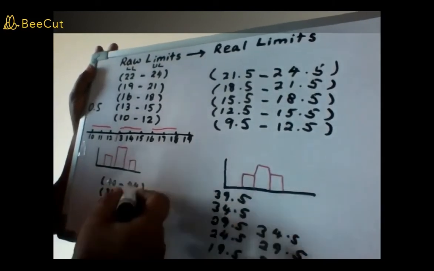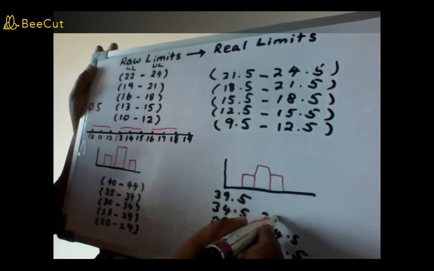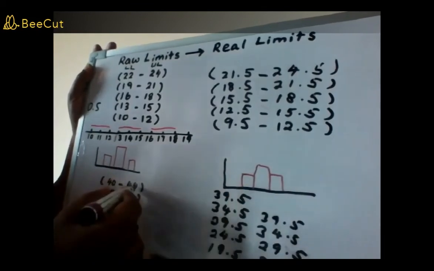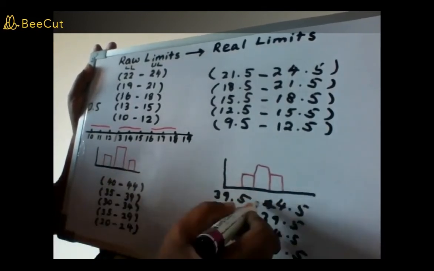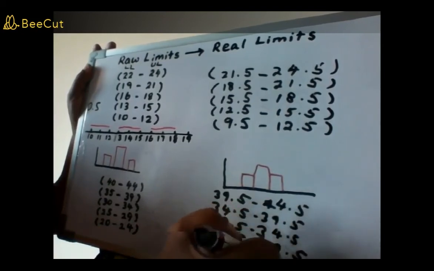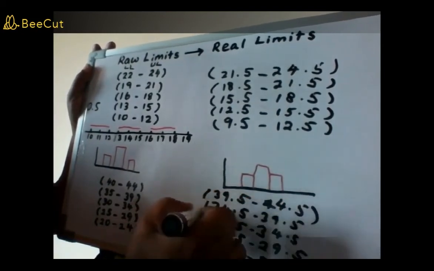Then 39 becomes 39.5. 44 becomes 44.5. Put this and then put the brackets.